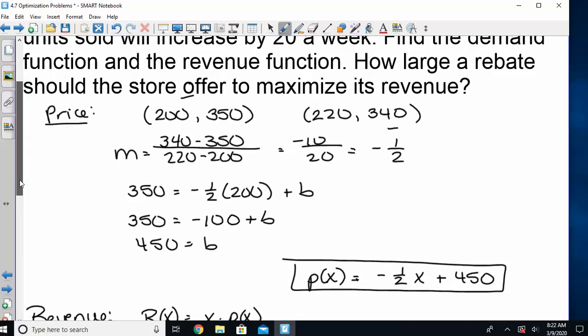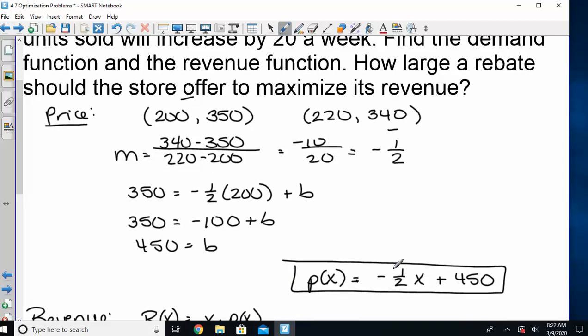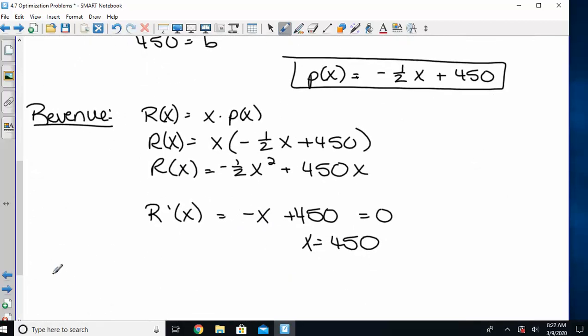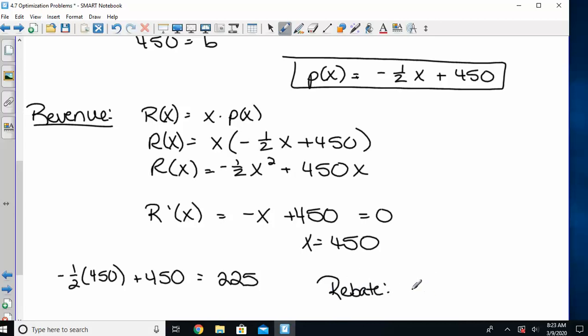If I want to find the rebate, then let's find the price first. So if I plug 450 into my price equation, we get 225. So to find your rebate, what was the starting price of these Blu-ray players?